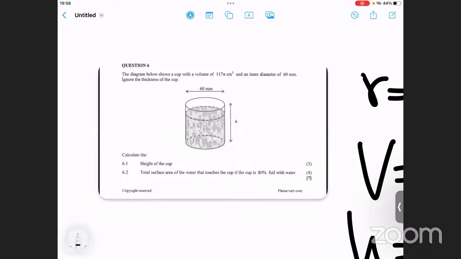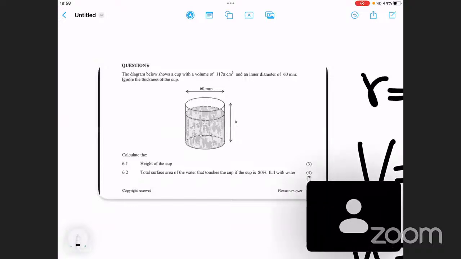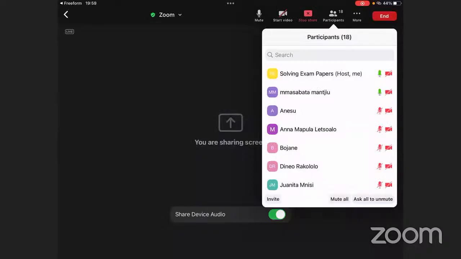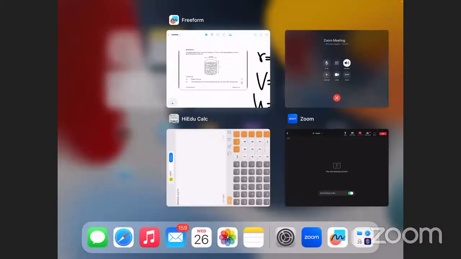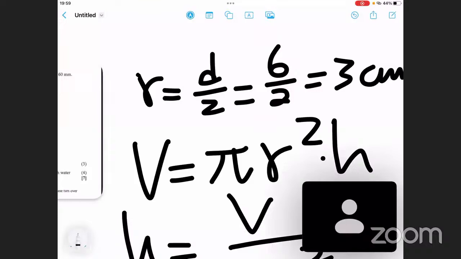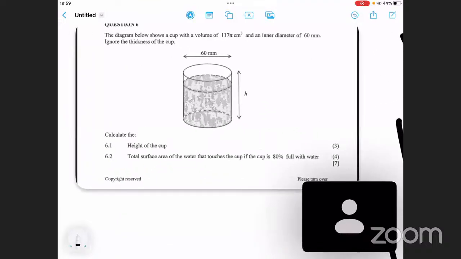The next question says: total surface area of the water that touches the cup if the cup is 80% full with water.